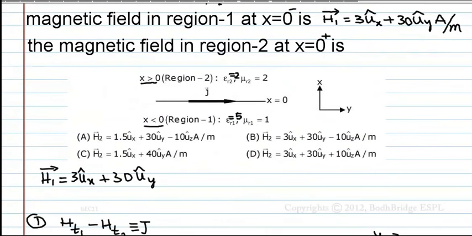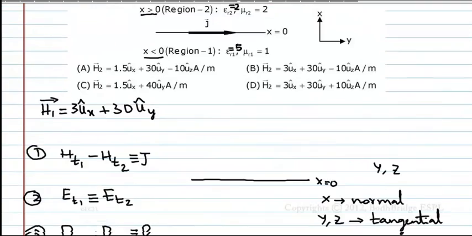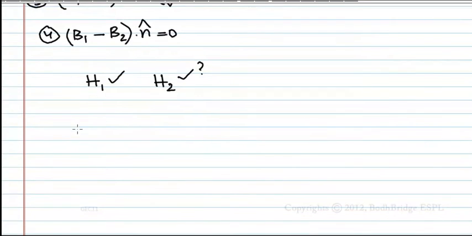First of all, what has he given? H1 is given, and we should find H2. What are the boundary conditions we know? H1 is given, H2 is to be found. For this, what boundary condition will you use? H1 minus H2, obviously, cross n cap is equal to J bar.